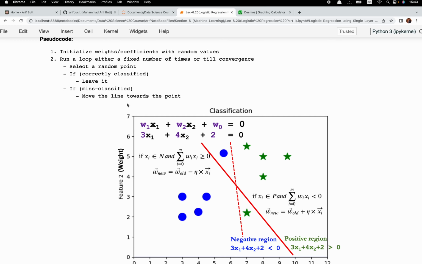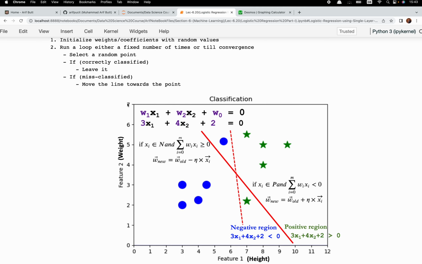Now a $100 question is how to identify a misclassified point. Consider this image now. As per this solid red line, these 4 blue points are negative as per their labels and are in the negative region.